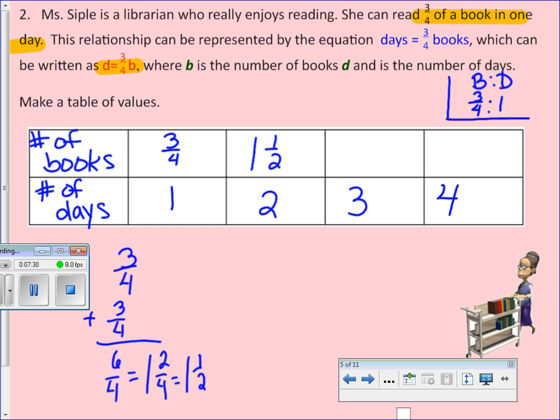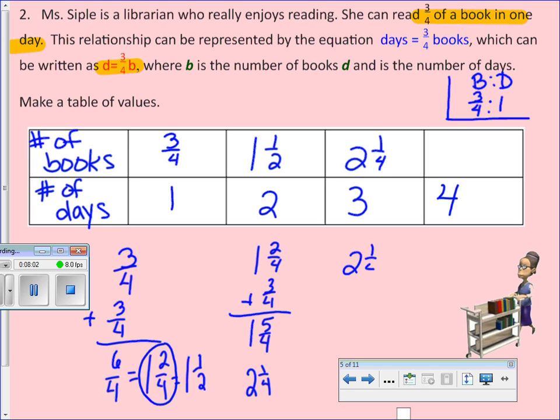Since I want common denominators, I'm going to use that one. 1 2/4 plus 3/4 is 5/4. Still an improper fraction. So what is 5/4 as a mixed number? Well, this would be 1 1/4 plus the one that's already there, so 2 1/4.